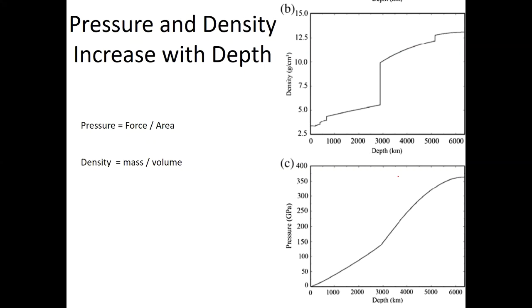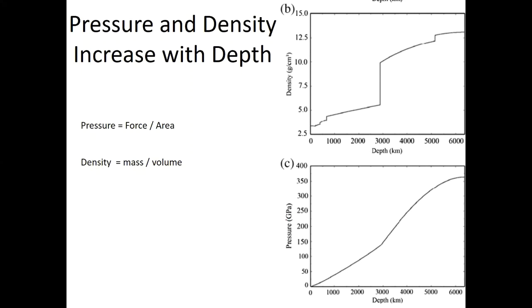You have probably heard of pressure before, like atmospheric pressure, or the pressure in your car or bike tire. The English units of pressure are PSI, pounds per square inch. Pound is a unit of force, per square inch, unit of area. So pressure is force per area. The SI unit is pascals, the unit of pressure in the metric system.